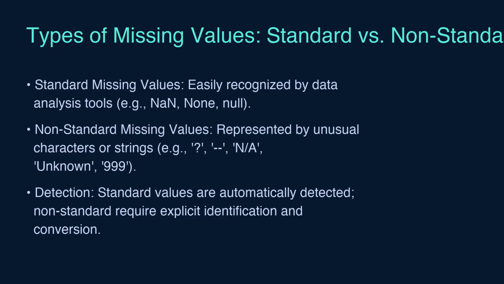The challenge with non-standard values is that they won't show up in our initial missing value counts unless we explicitly tell our tools what to look for and convert them into a standard missing format like NaN. This step is crucial to ensure we don't overlook any missingness that could skew our analysis.